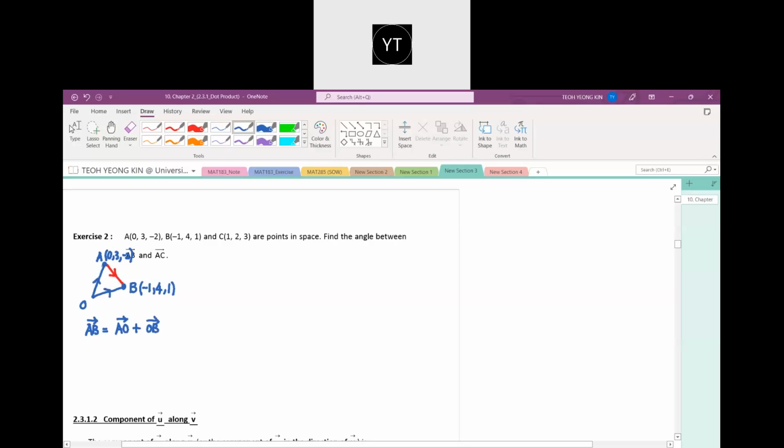AO means the opposite direction, so don't forget to put a negative in front of the coordinate of A, which is 0, 3, and -2, plus OB, which is -1, 4, and 1. So from this part, I should get -0, which is still 0, then -3, and then +2, plus -1, 4, and 1.